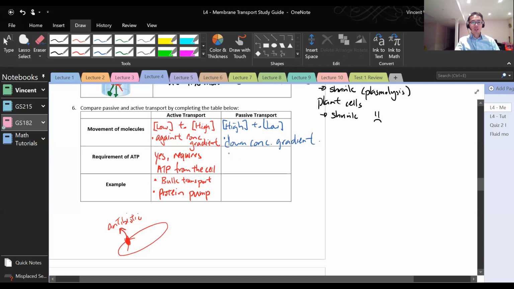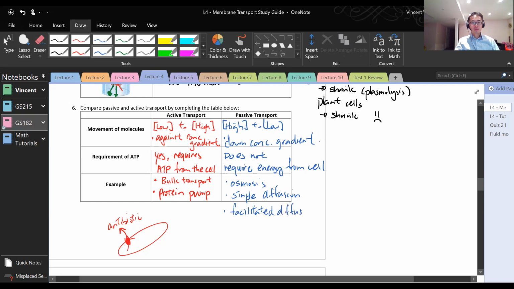Okay, does not require energy from the cell. Examples would be osmosis, right? Simple diffusion, right? Facilitated diffusion.